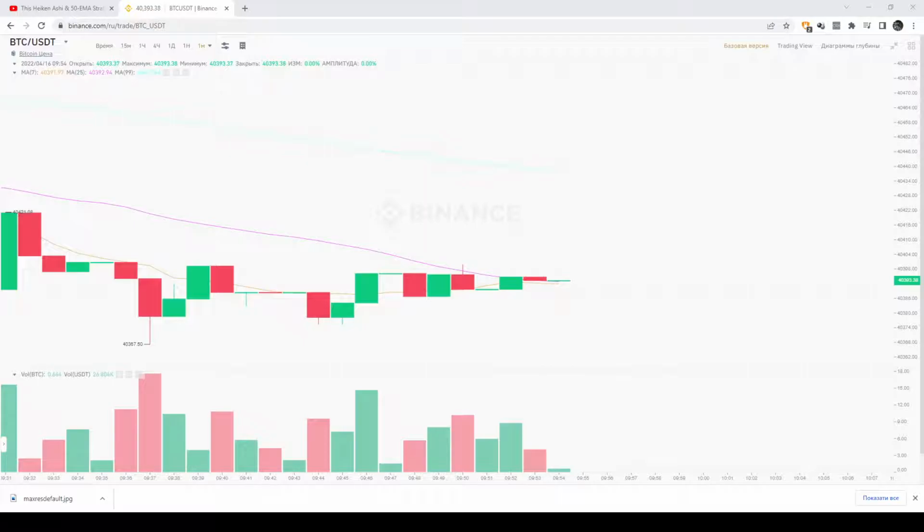The upper resistance line is formed with a minimum of six higher peaks, and the lower support line is formed with a minimum of six higher lows.